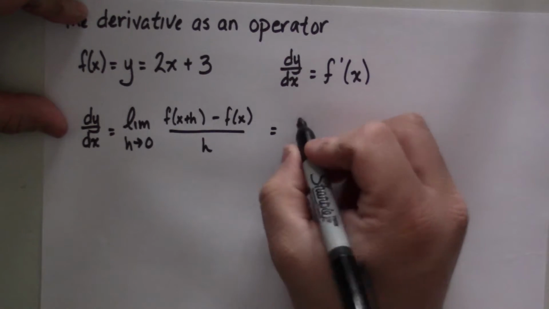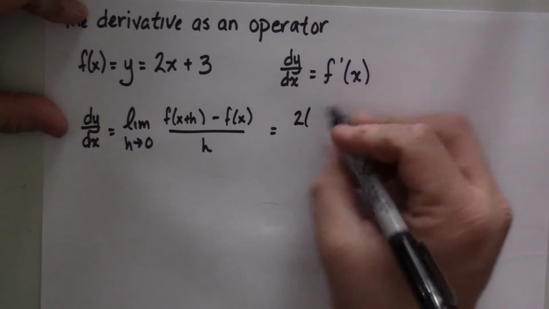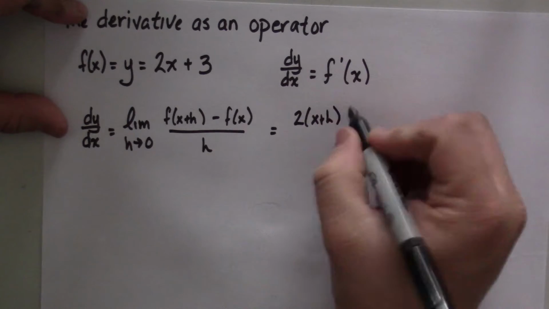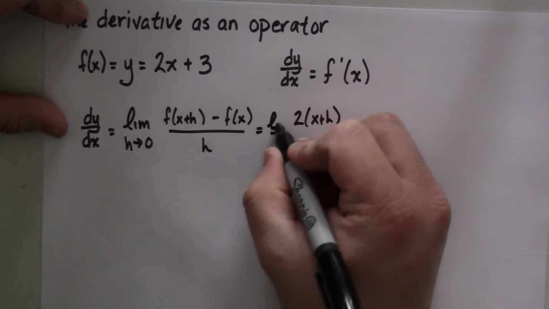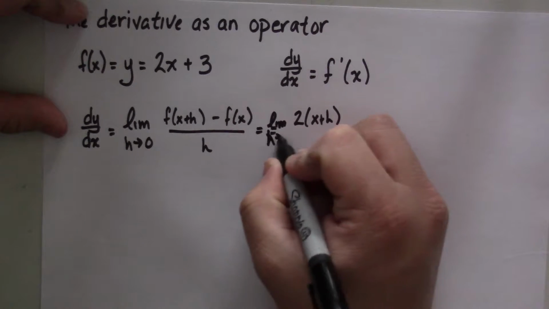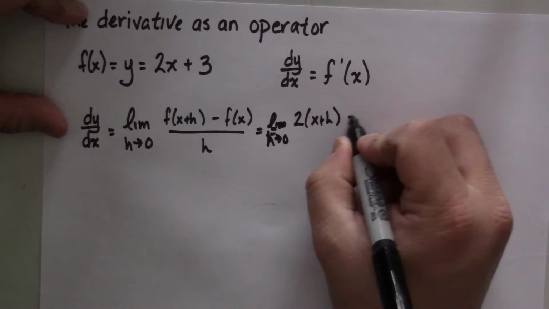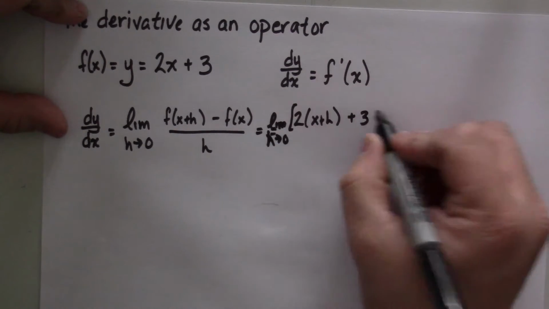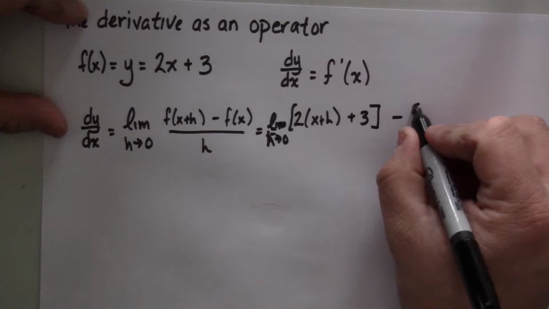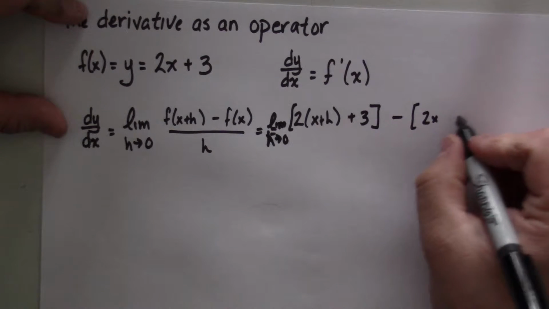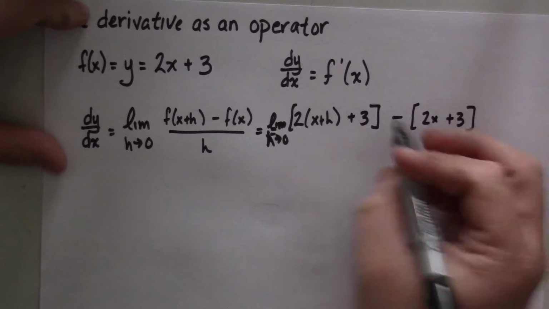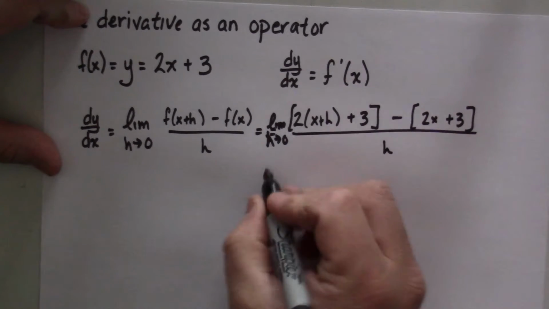By plugging all this in, I get 2 times x plus h, so the limit as h goes to 0 of 2 times x plus h, plus 3, that first term, minus 2x plus 3, all of that over h.